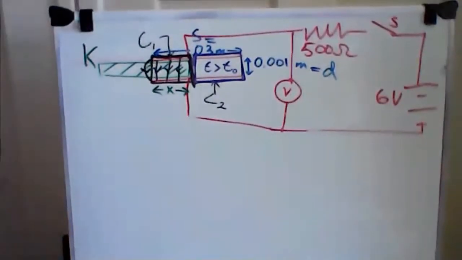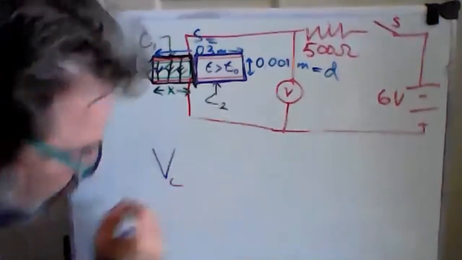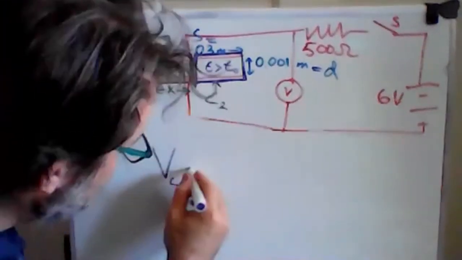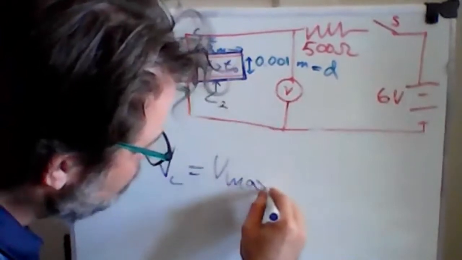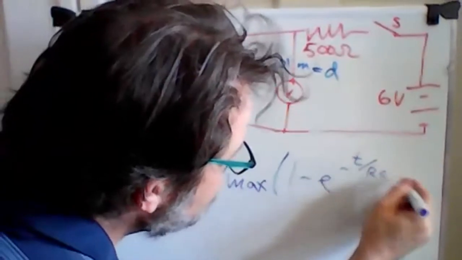So if we look at the equation we had, V across the capacitor equals V max times 1 minus e to the minus t over RC.